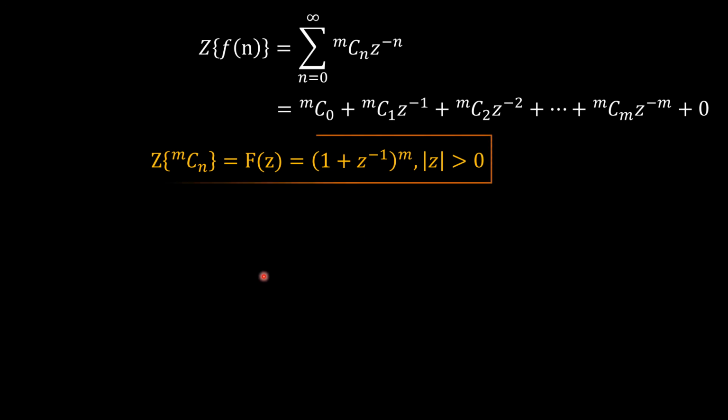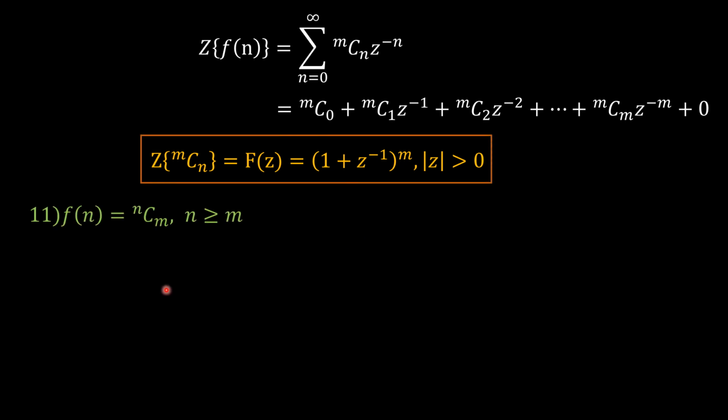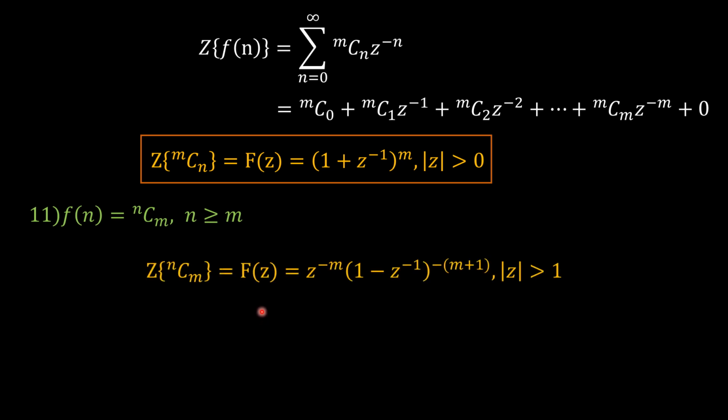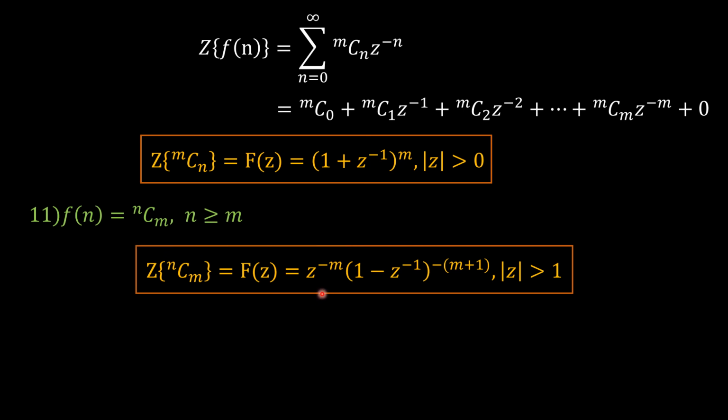Next function is f of n is equal to nCm for n greater than or equal to m. In the same way we can follow the procedure, that will give us the z transform as f of z equal to z raised to minus m into (1 minus z inverse) raised to minus (m plus 1) for mod z greater than 1.